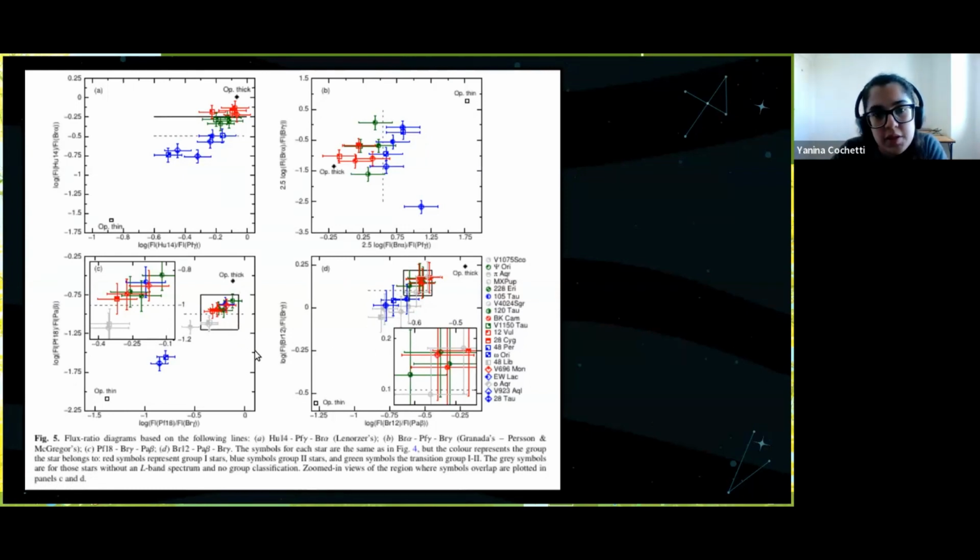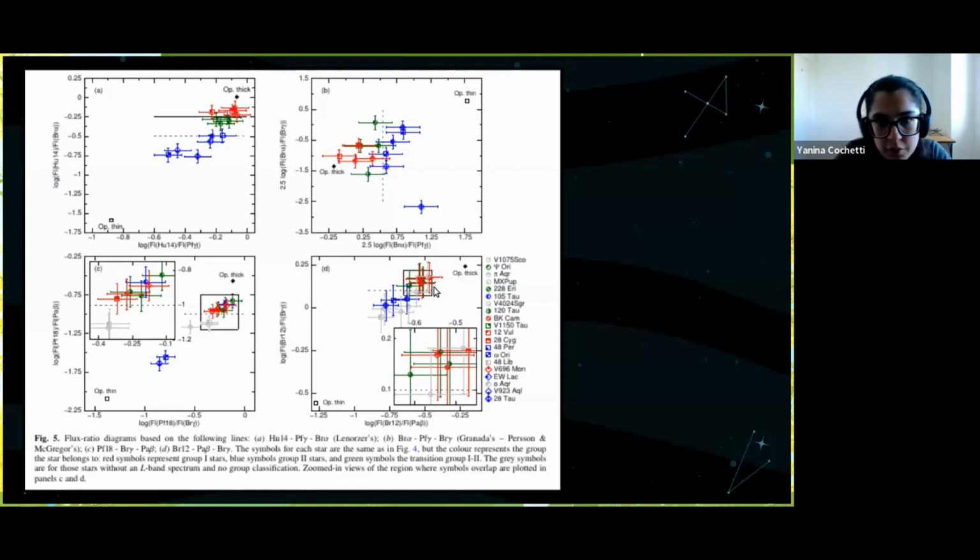So when we saw these plots, we said, well, the red and the green symbols always share the same position in these diagrams. So we think that we can separate group 1 and group 2 using a quantitative criterion, rather than the appearance of the Humphrey series and the L-band spectra.